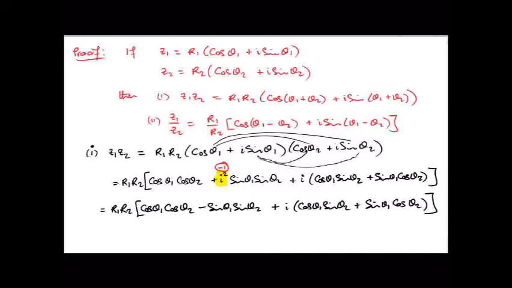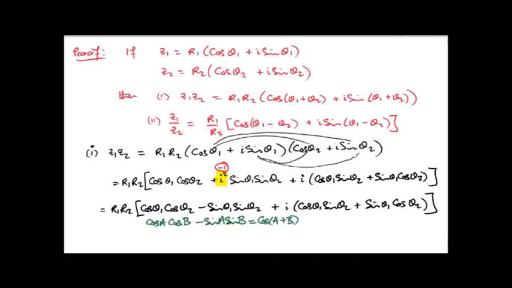Now I want you to think about this. Think trigonometry. Cos A cos B minus sine A sine B. What's that? It's one of our formulas from trigonometry. It's cos of A plus B. Is that alright?